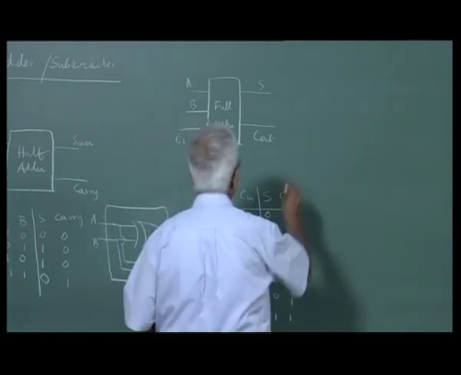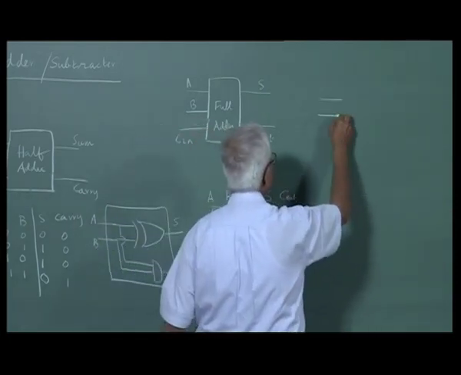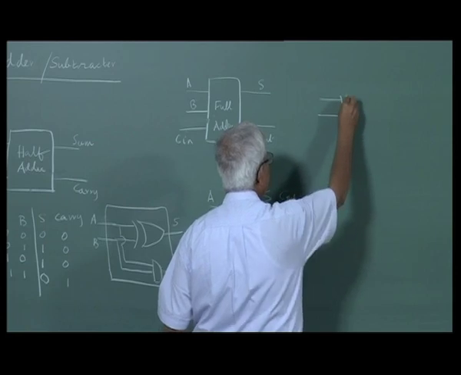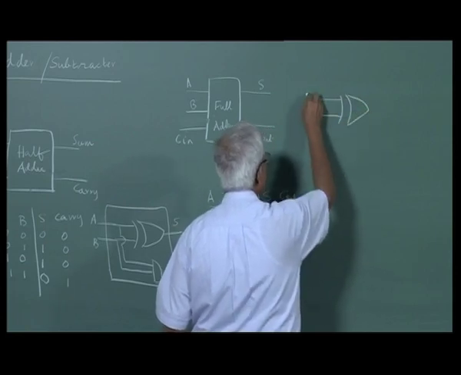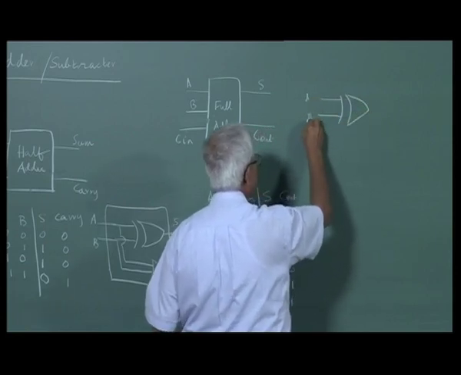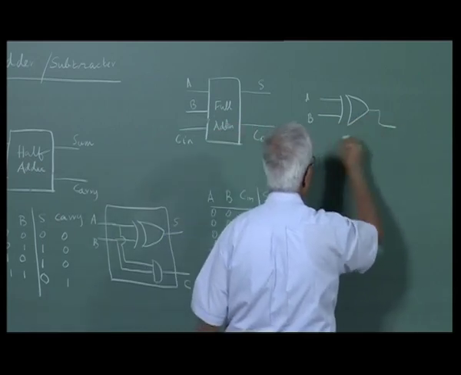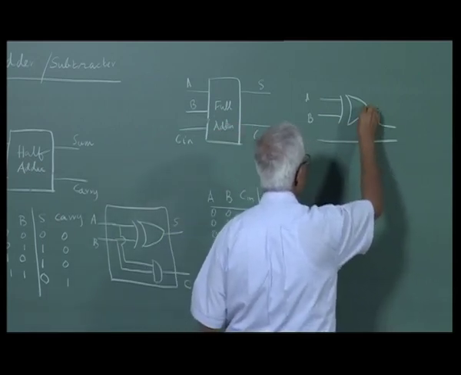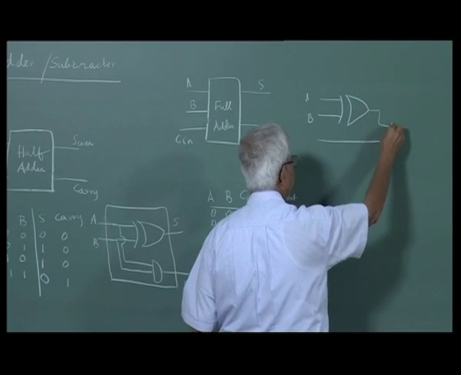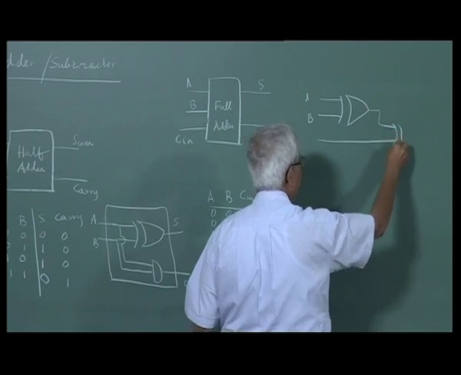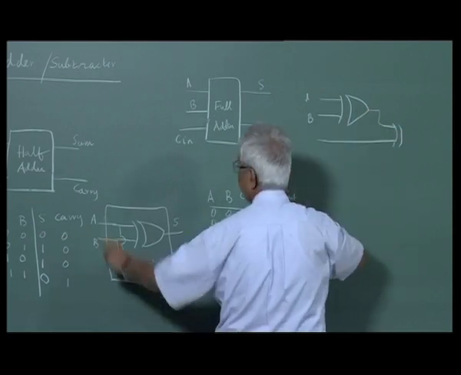The circuit will have one exclusive OR whose inputs are A and B, and another exclusive OR whose input is the sum of this, the half adder sum. A and B only give you a half adder sum.